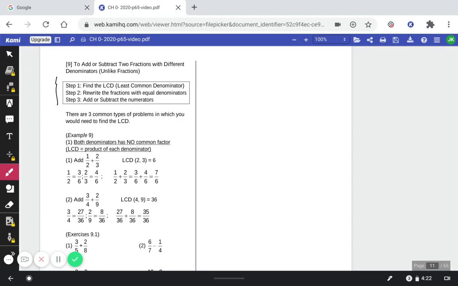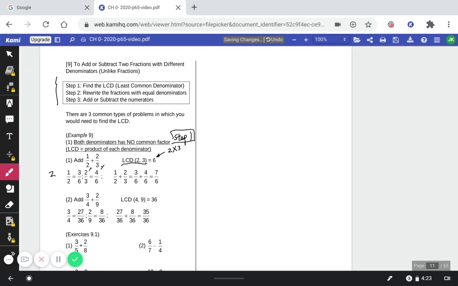For example, when you add 1/2 with 2/3, the two denominators, which are 2 and 3, do not have any common factor. So the LCD becomes 2 times 3, which is 6. So that's step 1. Step 1, find the LCD.